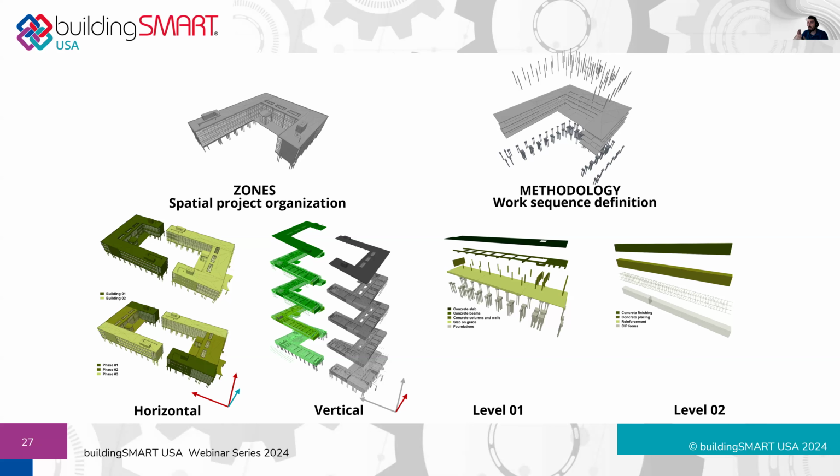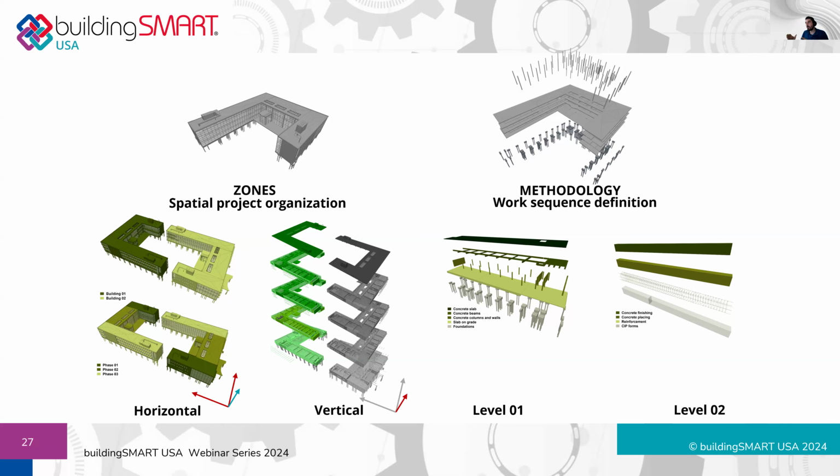If you have 5 floors in these two buildings, you're going to have 5 subtasks in both of these parent tasks for every floor, and you're going to have a finish-start relationship between them. If you have phases on every one of these floors, you're going to go further and make it more detailed, and make every phase on every floor. And that is, I would say, the easier part of the scheduling.